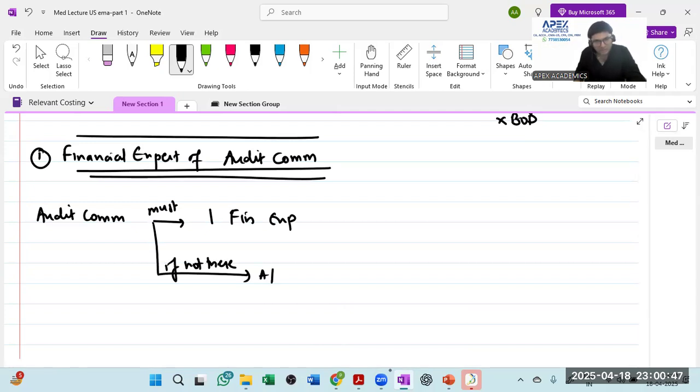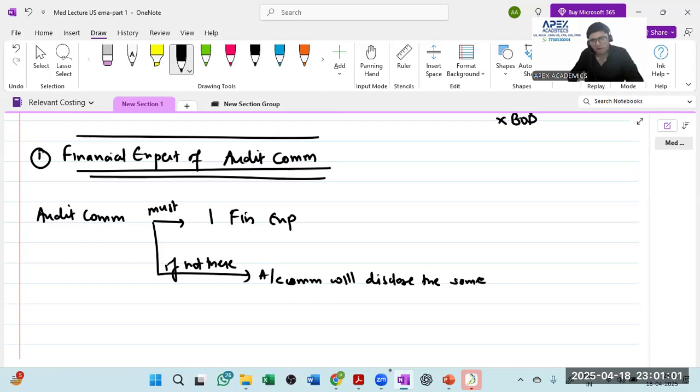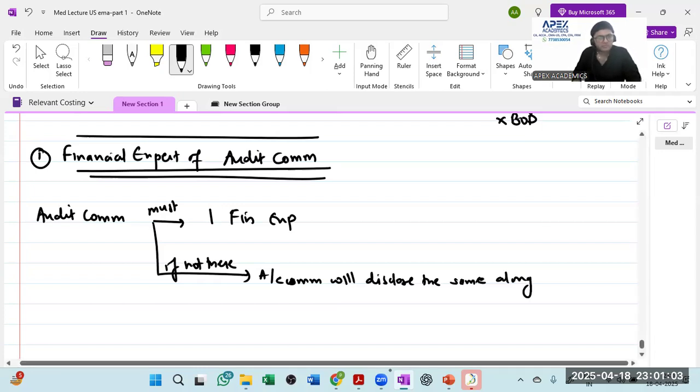The audit committee will disclose the same along with reasons. Please try to understand. Now, point number one.